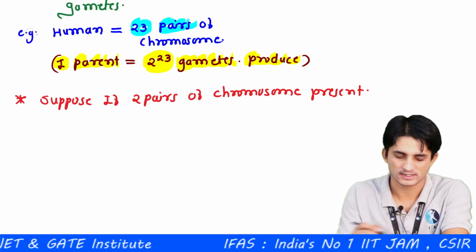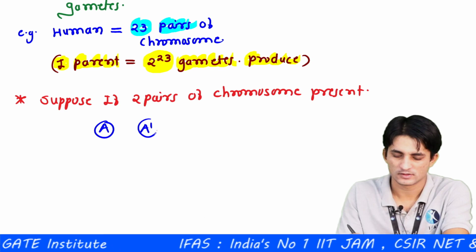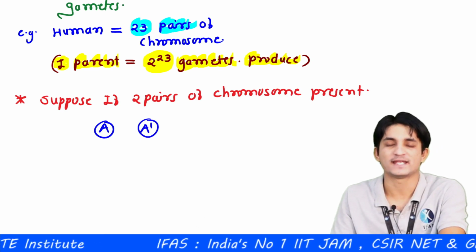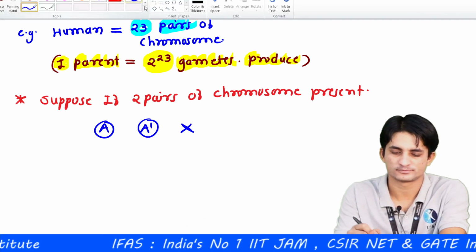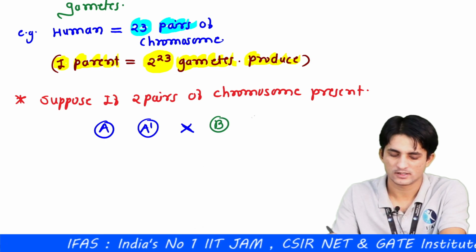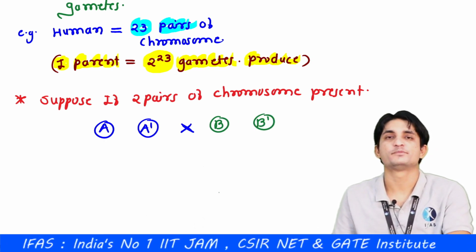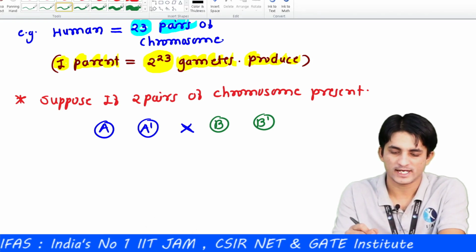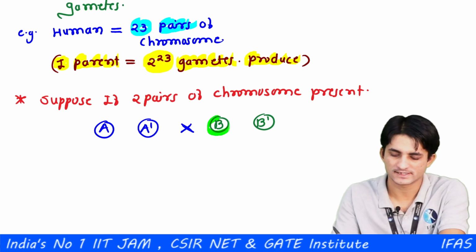Suppose this is one pair, A and A dash, and this is the second pair, B and B dash. So two pairs of chromosomes are present.